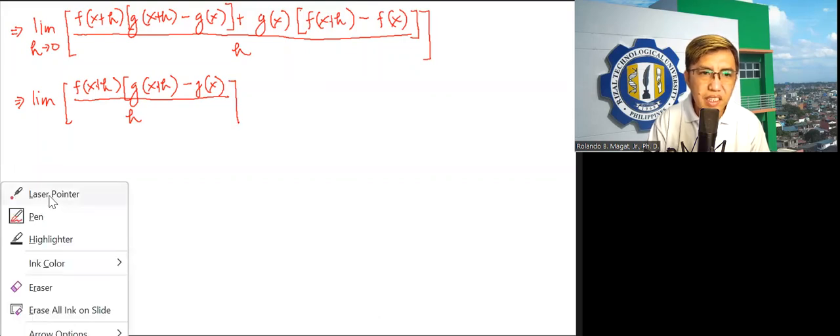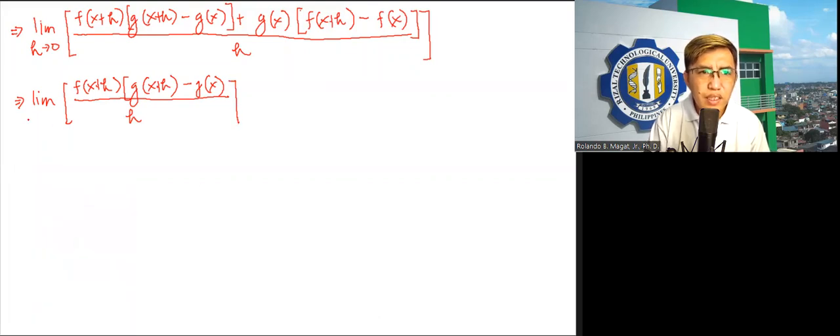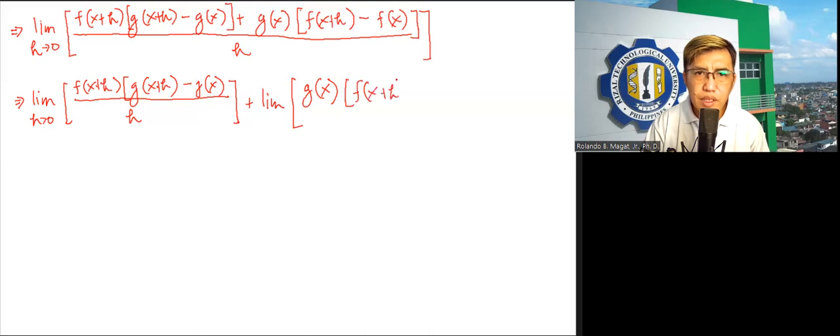Ay, ito pang madali. Okay, gamitin ko na yung ano ha, para mabilis. The limit of sums of we have g of x times f of x plus h minus f of x over h. Okay. As h approaches 0.